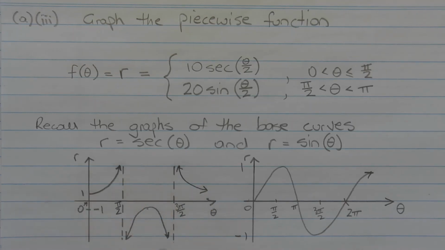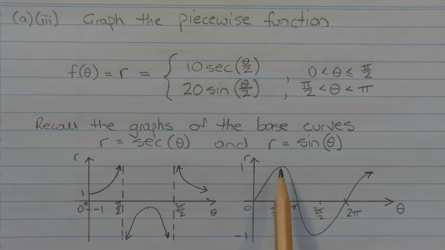So here is the graph of r equals sec theta. Notice the vertical asymptotes at theta equals pi over 2 and 3 pi over 2. And also the y-intercept here of 1. And also notice that the maximum value on this branch of r equals sec theta is -1. And here is the graph of the base curve r equals sine theta.